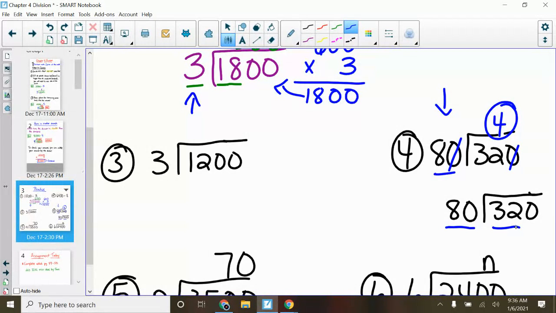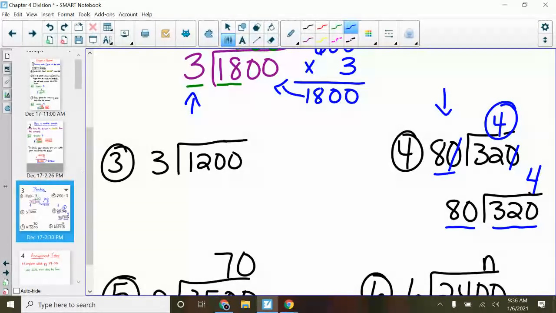So now I have to use that 0 with it. Can 80 fit into 320? Yes. How many 80s will fit into 320? Not 40. Just 4 of them will.